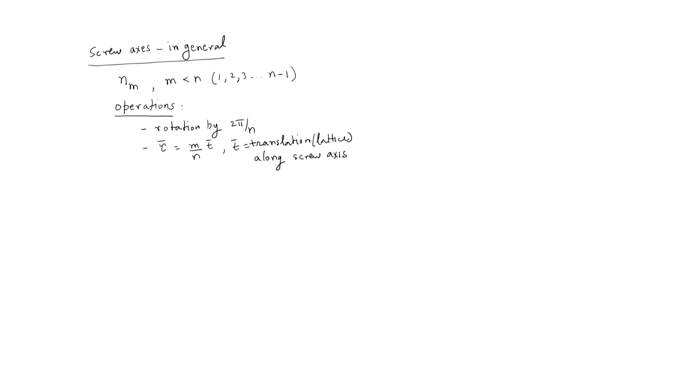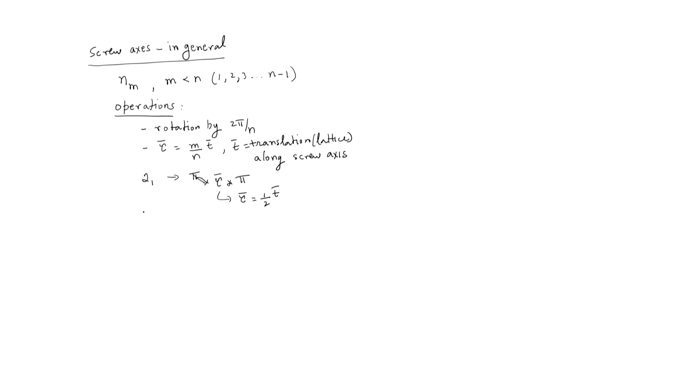If I had, for example, a screw axis like 2 sub 1, then we are looking at a rotation of pi followed by tau, and in this case tau would be half the lattice translation. So, m would be 1 and n is 2.